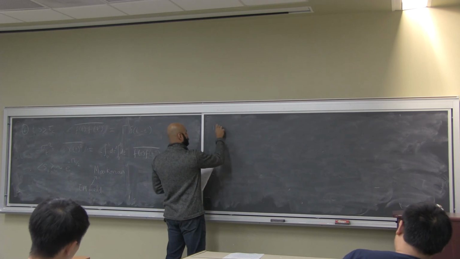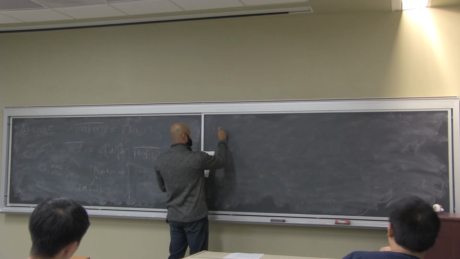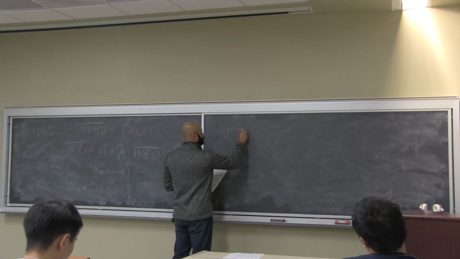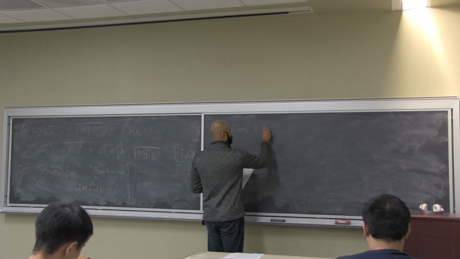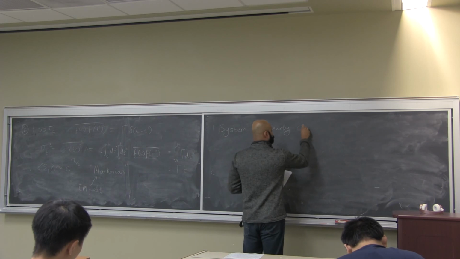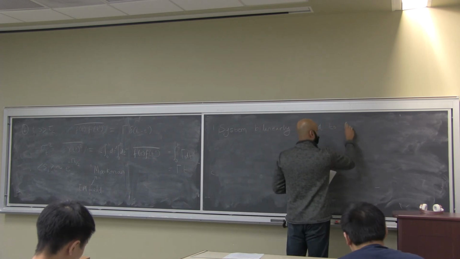Okay. So the treatment now. The reason we are considering this is because of this earlier discussion. So, a system which is bilinearly coupled, I'll explain what that means in a second, to a Markovian reservoir.